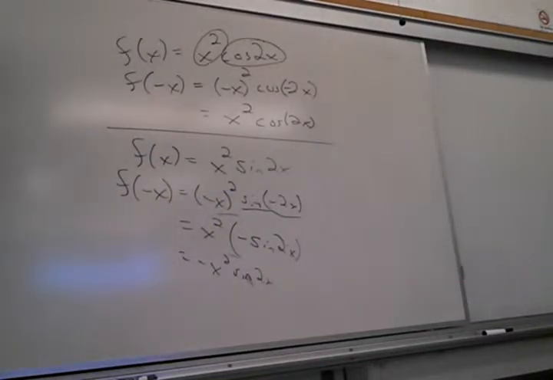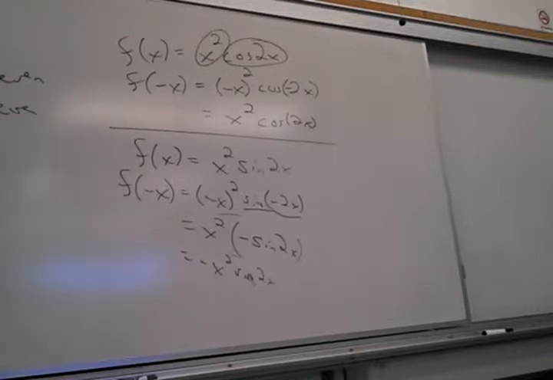Even I can think of as a positive, and odd I can think of as a negative. So if I have even times even, that's even, because positive times positive is positive, right? What's odd times odd? Even. Because negative times negative is positive. And what's odd times even, or even times odd? Odd, because negative times positive is negative.